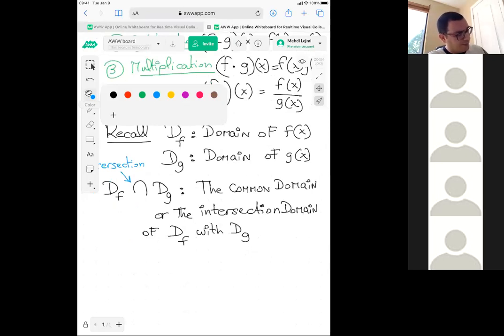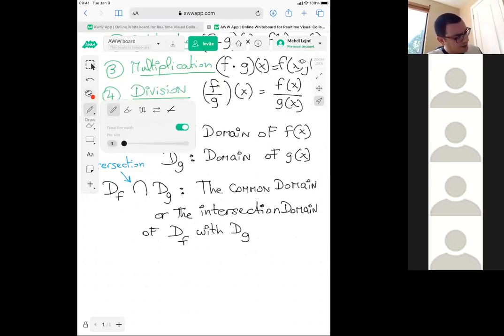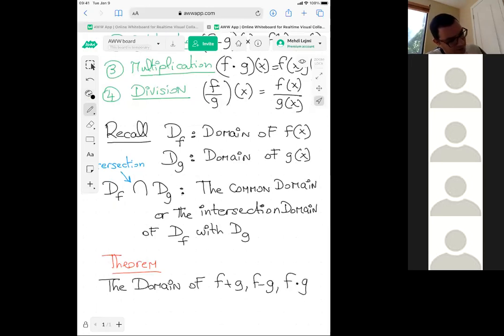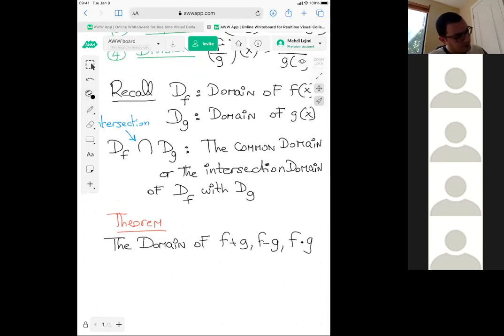As I mentioned yesterday, we have the following theorem. The domain of f plus g, f minus g, f times g is the common domain, the intersection domain, df intersected with the domain of g, right? So that's the intersection domain.